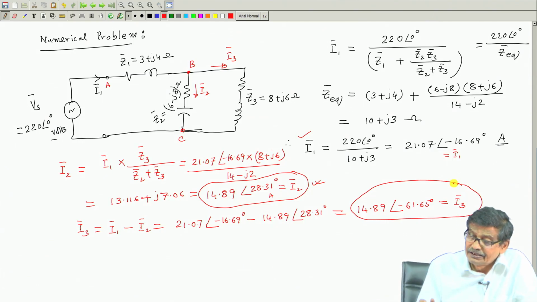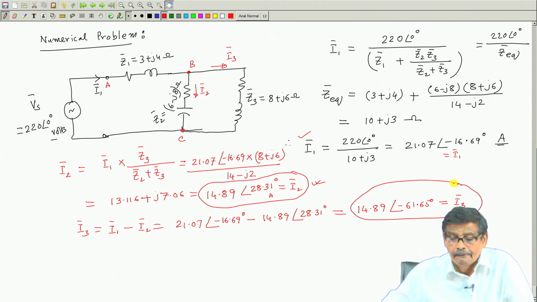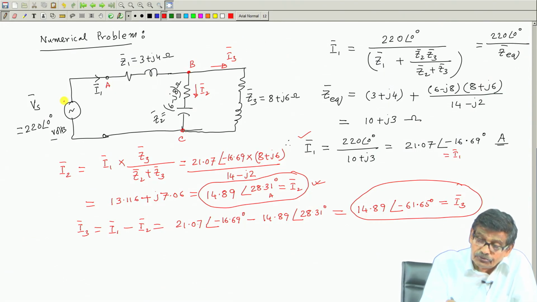So, all the currents are now known, I 1 bar, I 2 bar, I 3 bar. Across each of the elements there exists some voltage. For example, across the source, the source polarity must also be told, plus minus.